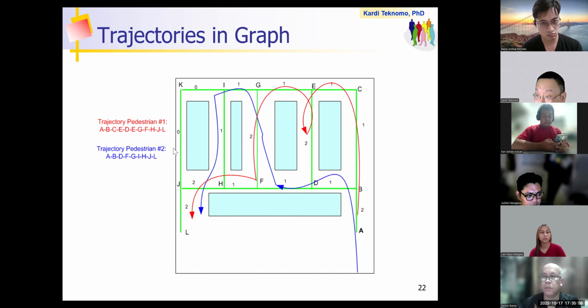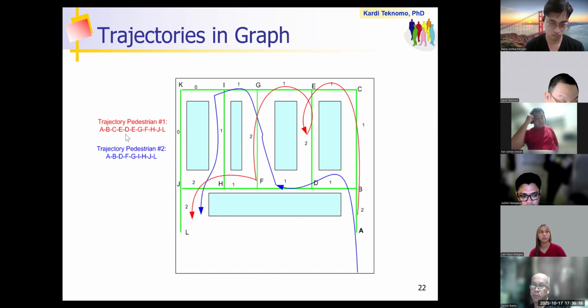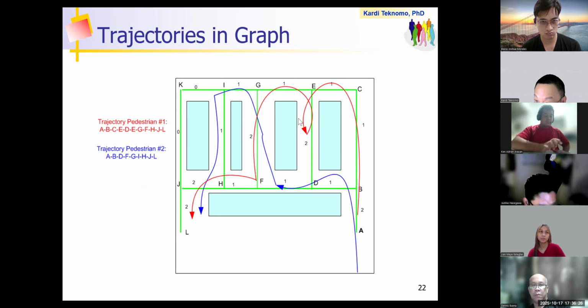So what you will do: the red and blue are drawings of the respondent, isn't it? Then manually, you need to get the actual trajectory in terms of the graph. Can you see this? A, B, C, D. I deliberately made it difficult for you in the red because it comes back.